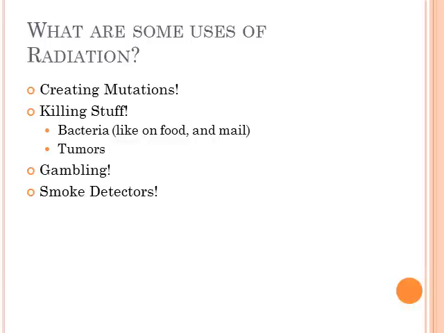Smoke detectors. Smoke detectors have a little bit of americium. I can't remember the number, but americium, I think 270-something. And what it does is it has the americium, the radioactive material, here, and then over here they have a detector. And as the americium decays, it sends alpha particles over to the detector, and it hits the detector, and the detector says, "Oh, it's there."